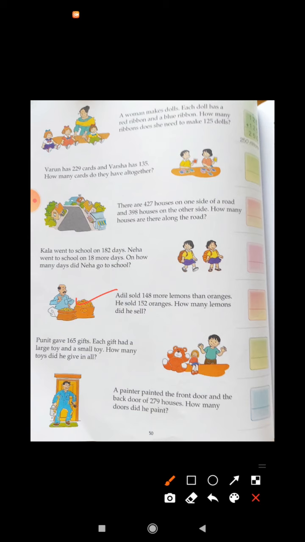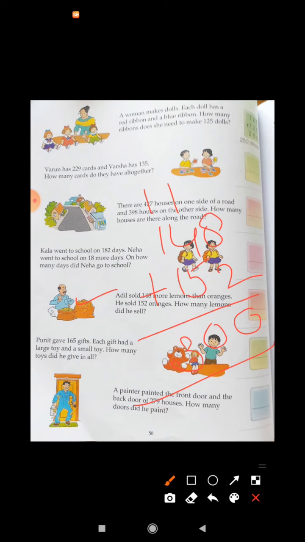You have to add 148 and 152 together to get the lemons. 148 more lemons than oranges, and oranges, how many beta? 152. Add together, you will find out the lemons. Now 8 plus 2 is 10. Write 0, 1 carry. Add the tens. 10. Write 0 here, 1 carry. Now add the hundreds, it is 3. The answer is 300 lemons he sold.